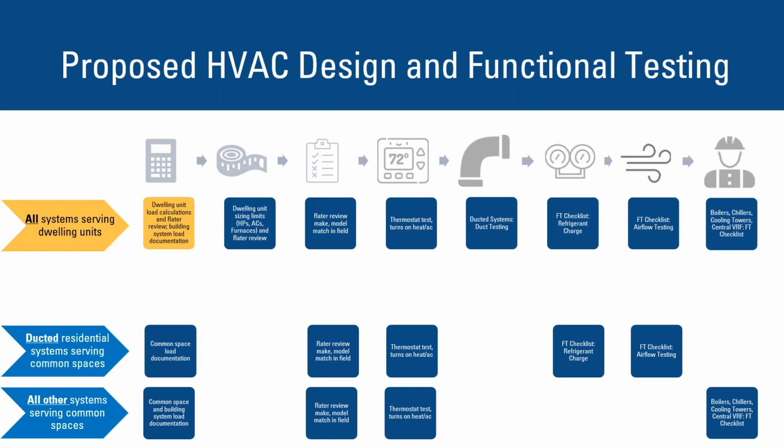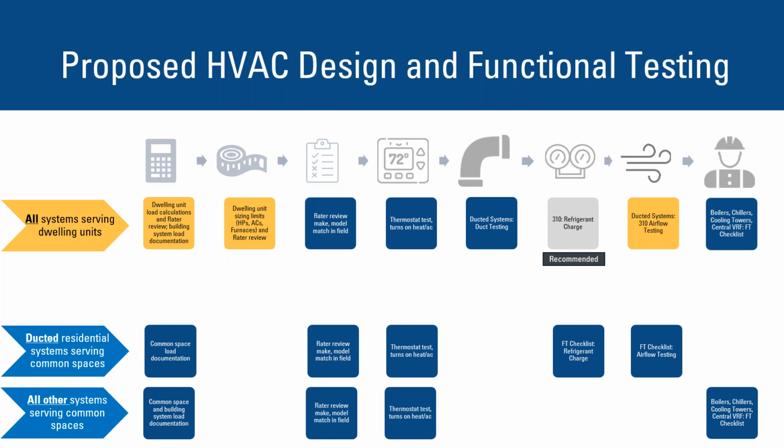So now we're going to talk about all systems serving dwelling units, and they all need to have dwelling unit load calculations that the rater reviews. And then you also have, for all of the heat pumps, ACs, and furnaces, they will have to be subject to those sizing limits that the rater reviews. Then the make and model and the indoor testing stay the same, as well as the duct testing. But instead of requiring the refrigerant charge from the functional testing checklist, we recommend using the 310 refrigerant charge test.